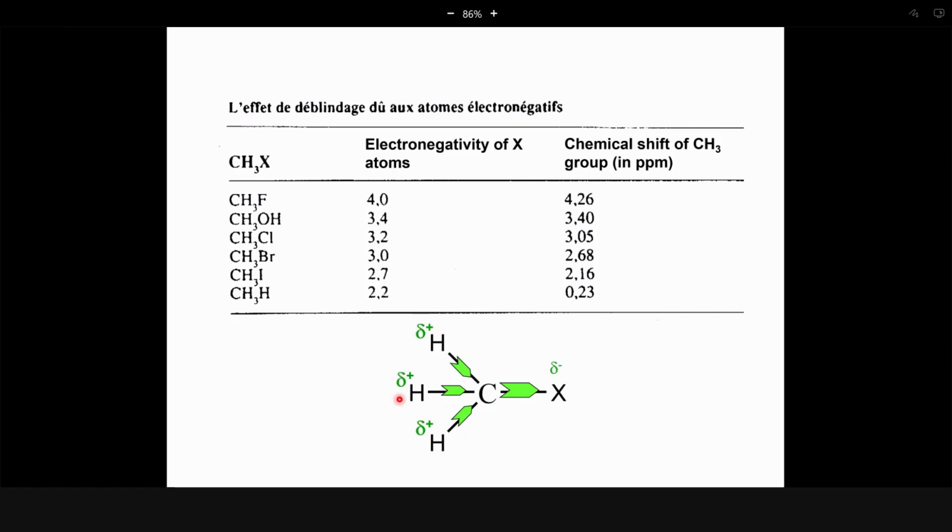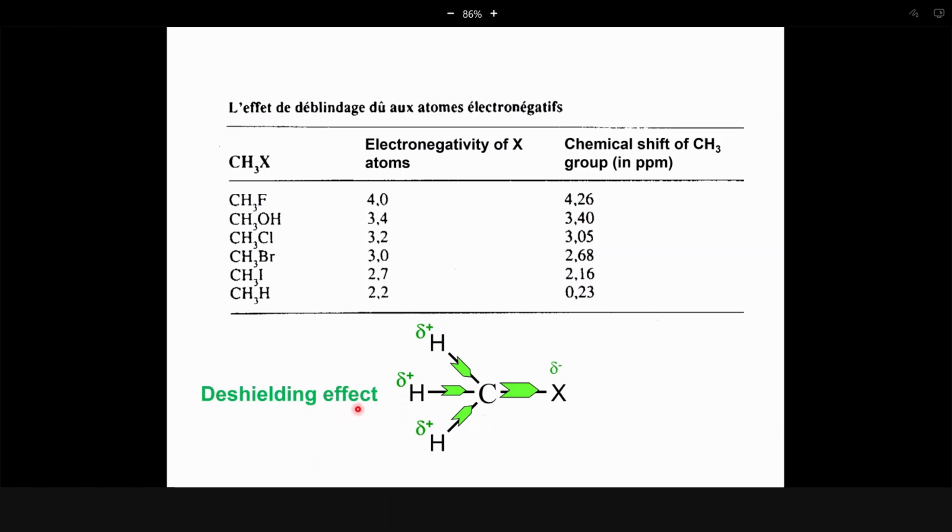Okay, so we have a lower electronic density around the proton here, and then the consequence will be an increase of the chemical shift. We say that we have a de-shielding effect.